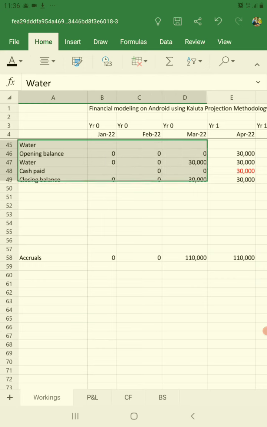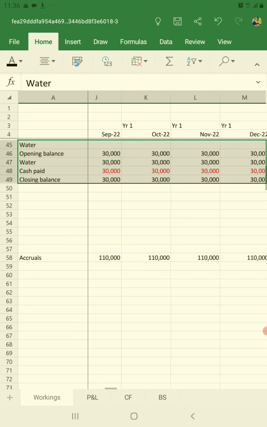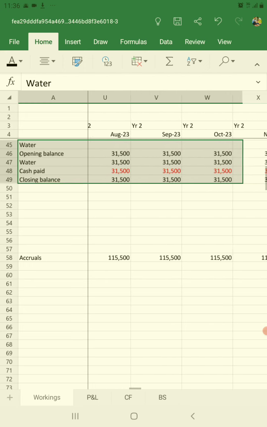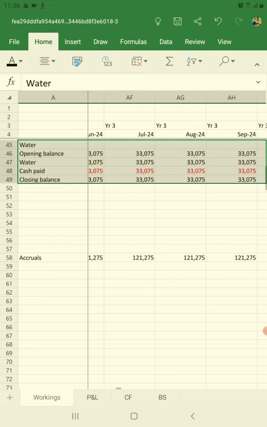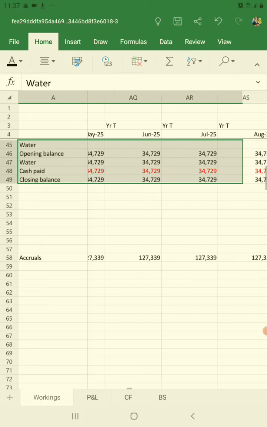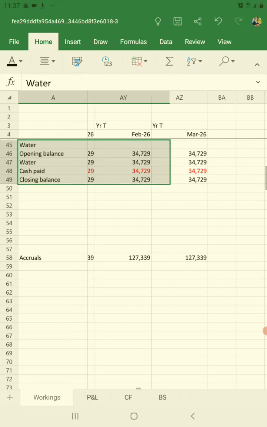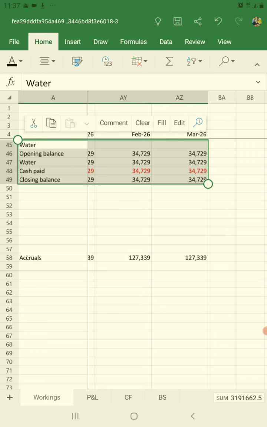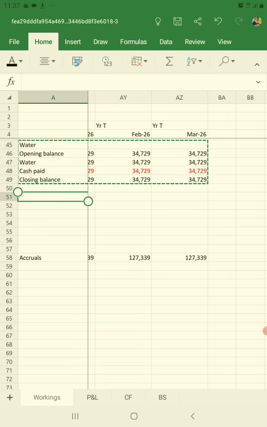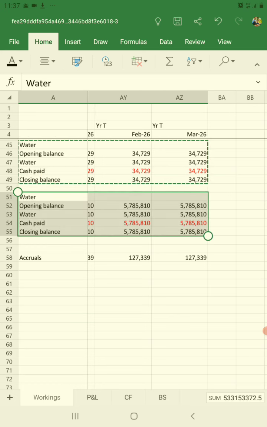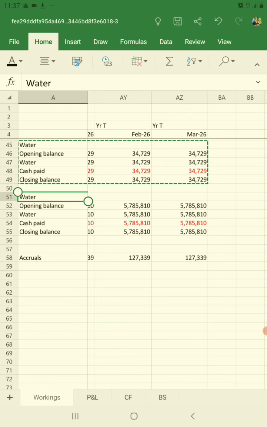I just select all this water section, water component, and then I copy this and then come here and paste, and instead of water, now I type here sewage.